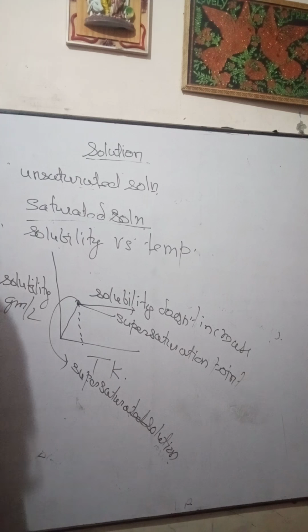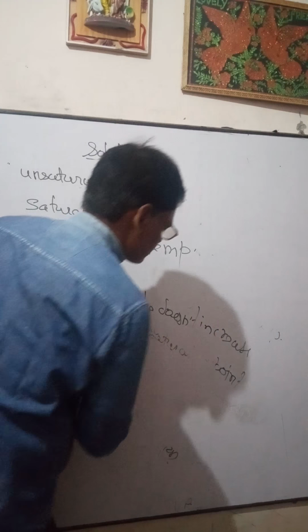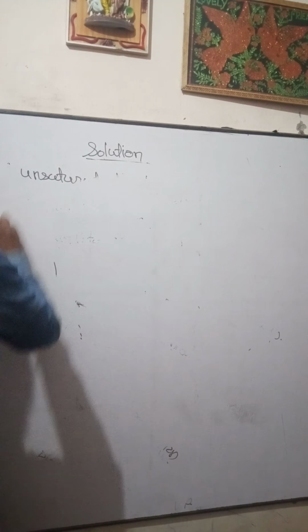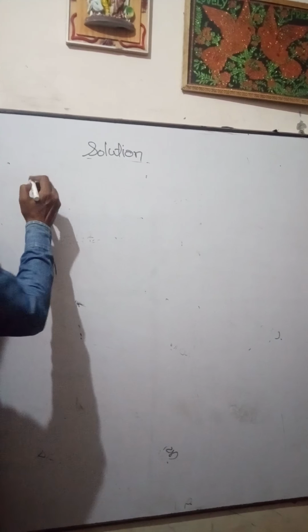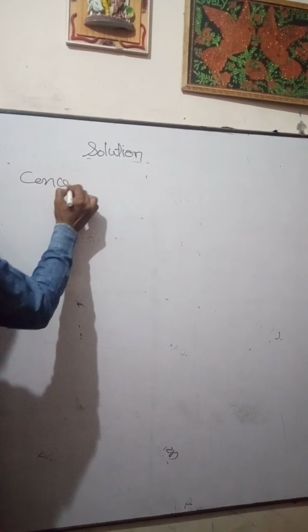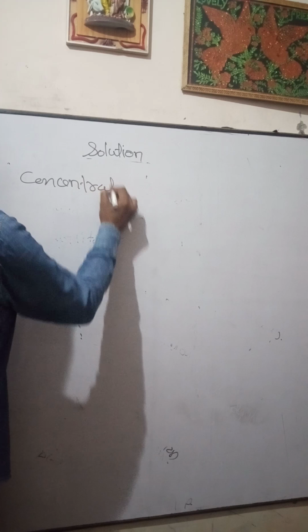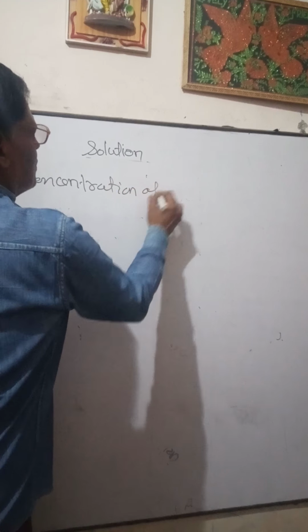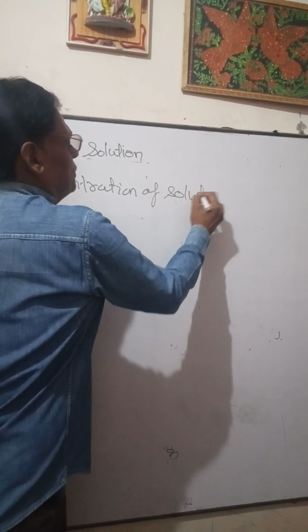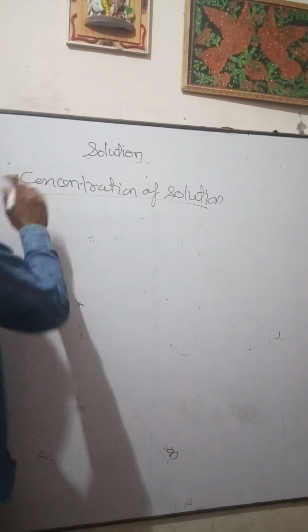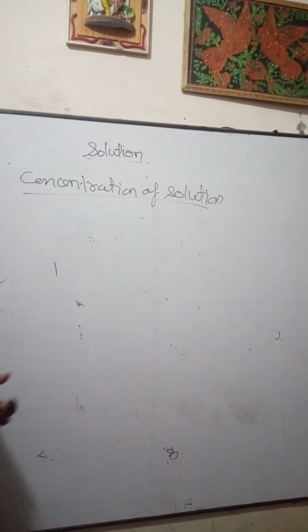Now we will try to understand how to measure the concentration of the solution. First of all, we have to take the physical meaning of concentration of solution. What is the physical sense of this statement?